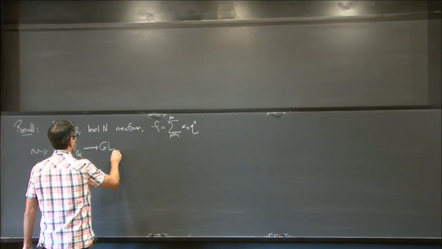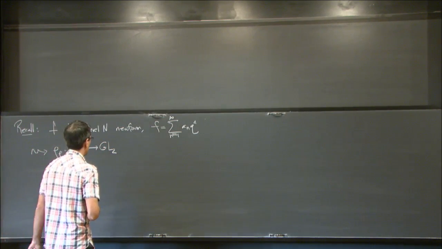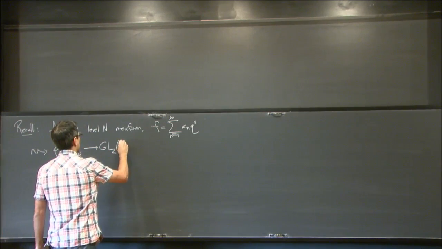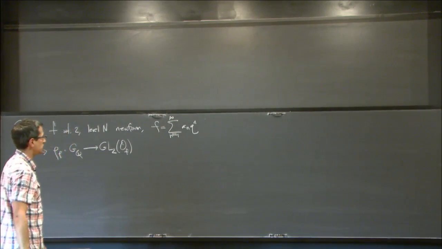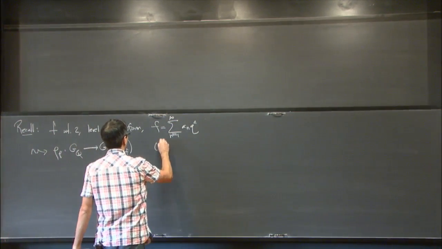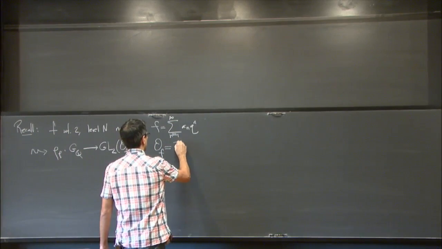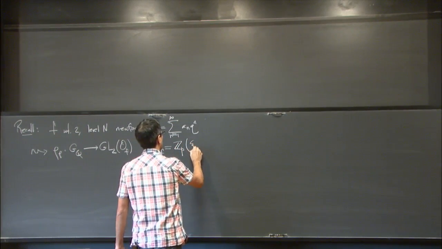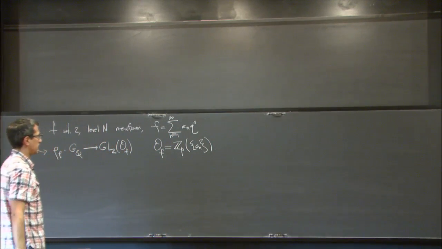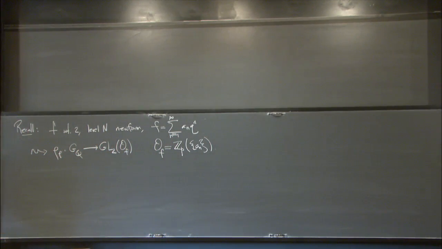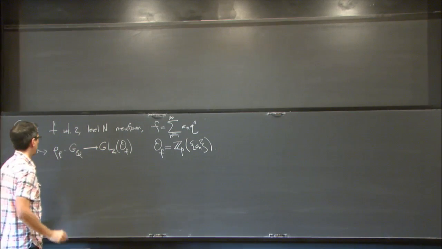If you like, you can think of it as taking values in the valuation ring O_F, which is going to be the ring generated over Z_p by the values a_n; its fraction field is finite over Q_p.